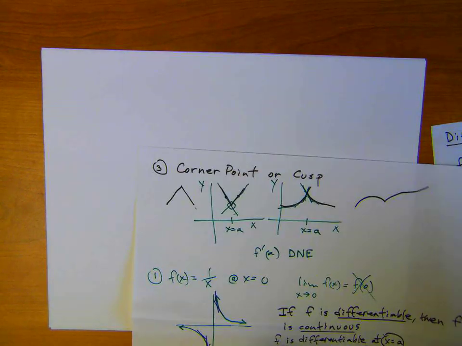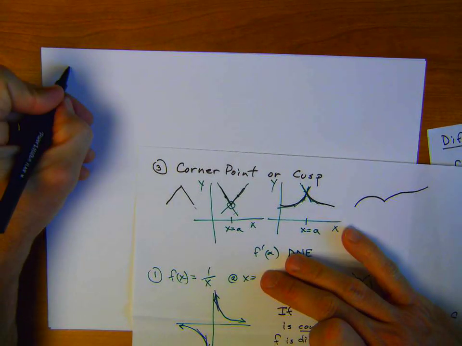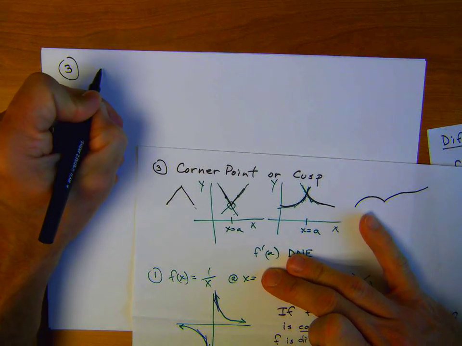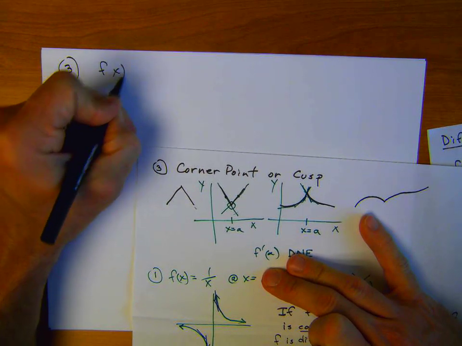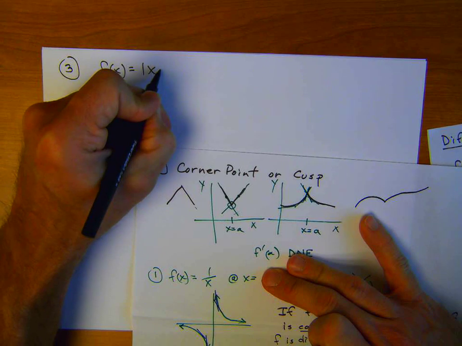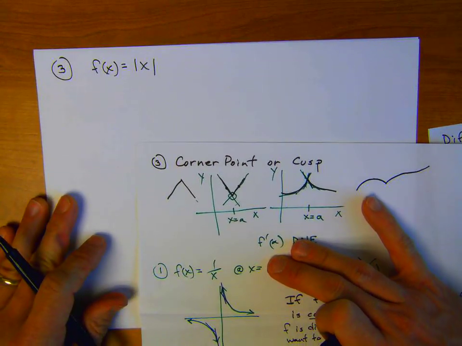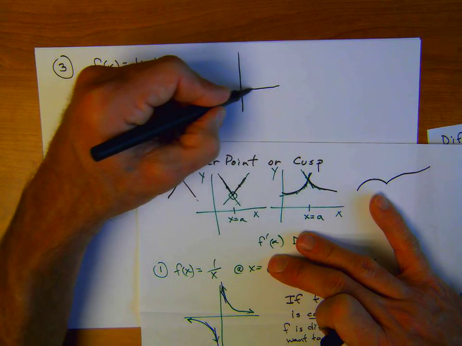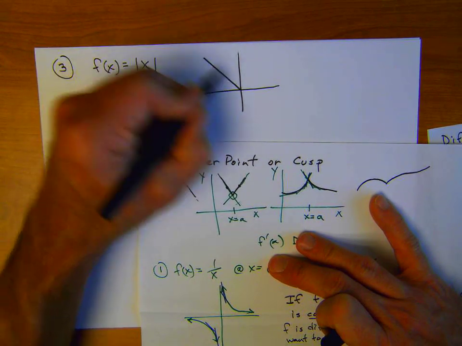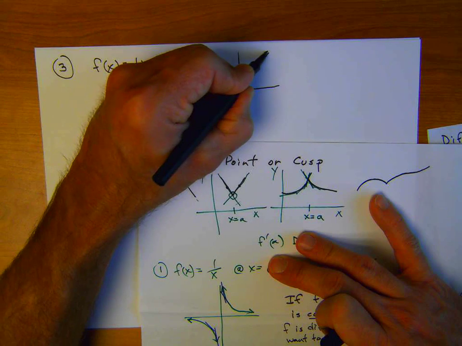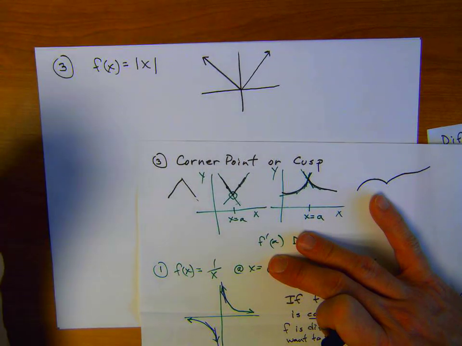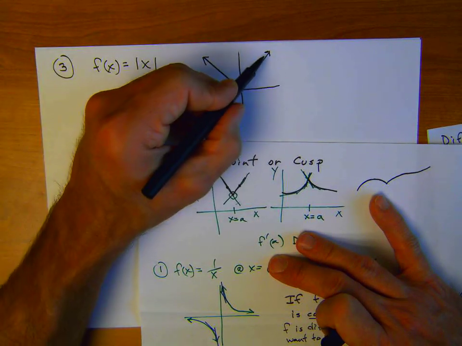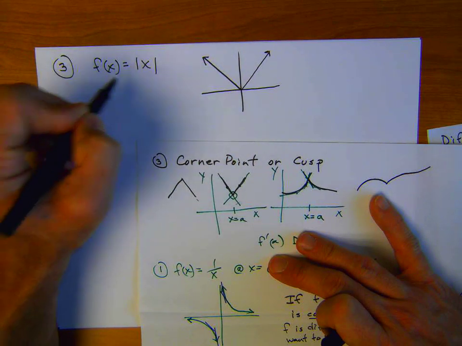All right, so our example for that one is to let f of x equal the absolute value of x. If you recall the graph of absolute value, remember the derivative is the slope of the tangent line.